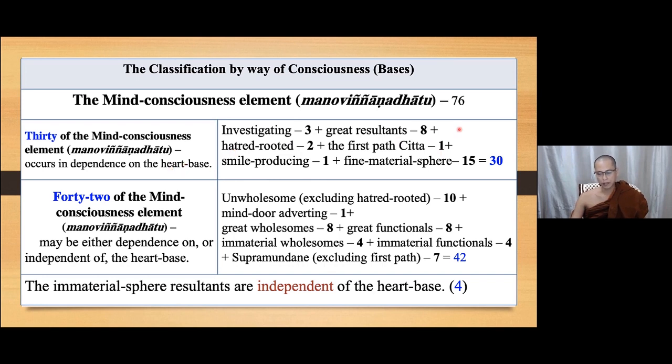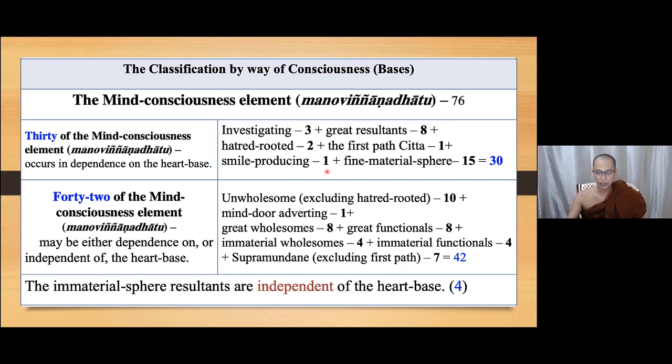And for the path, for the sotapatti-magga, it needs the hearing of the Dhamma, instruction or Dhamma talks, to arise. Without the Dhamma hearing, they cannot arise. Also, the sotapatti-magga cannot arise in the immaterial plane of existence. Then the mind-producing one, when it arises, needs to express the mind.